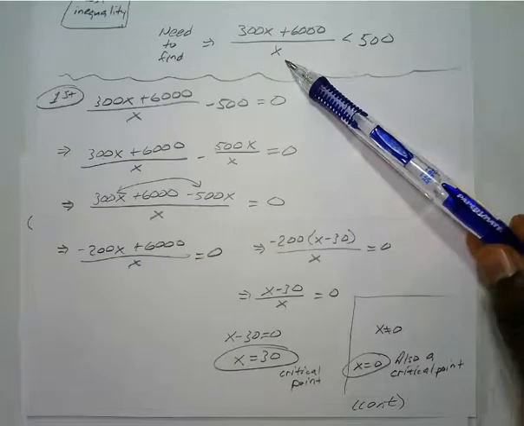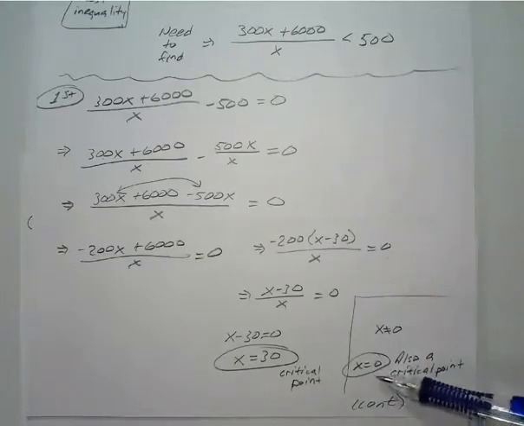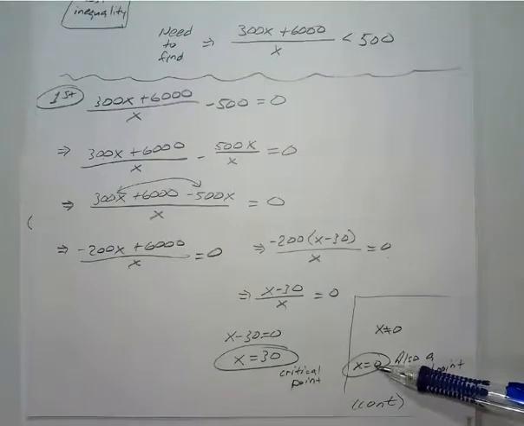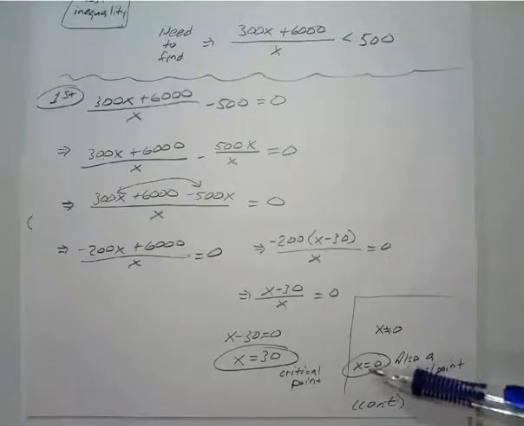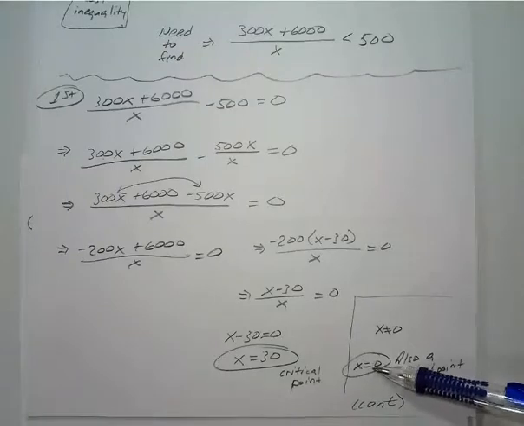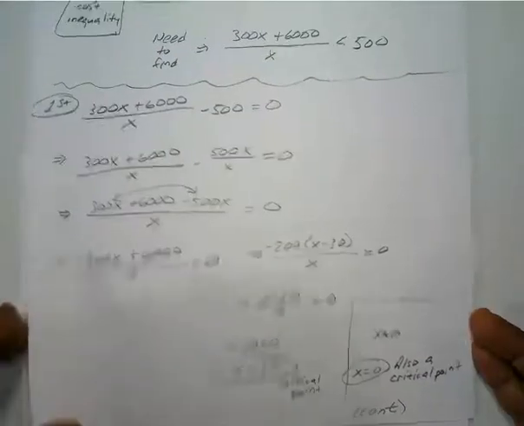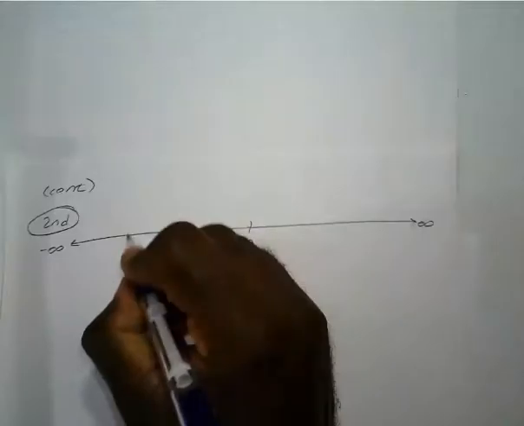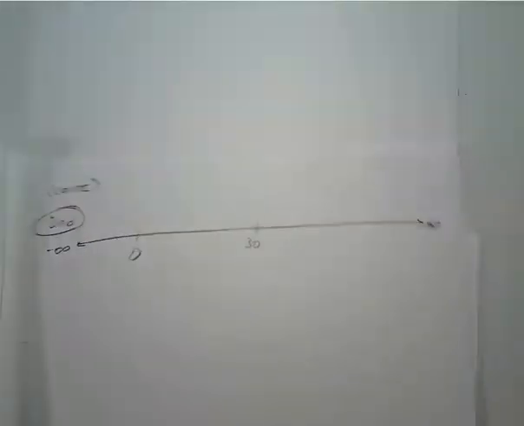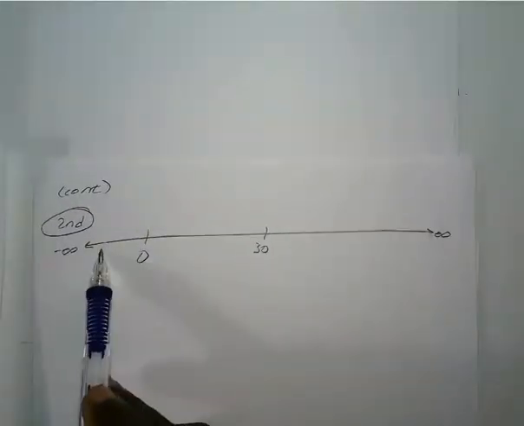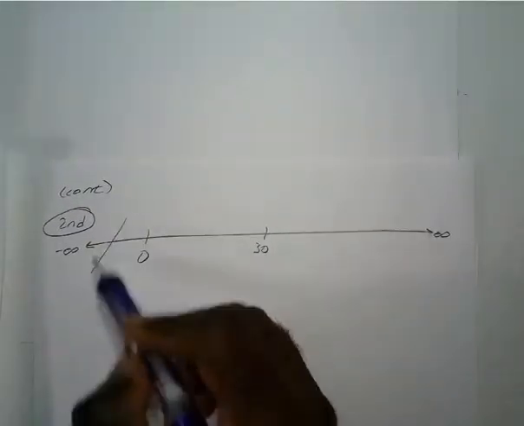So here, even though this is a critical number, this is not a possible answer. We can't use the actual value of 0. But what I will show you is, when we put our 0 here, it can't be any negative value. You can't sell a negative number, so we don't even have to look there.